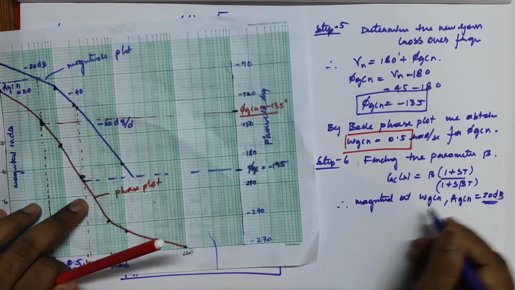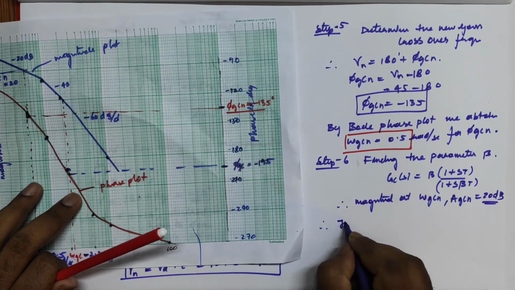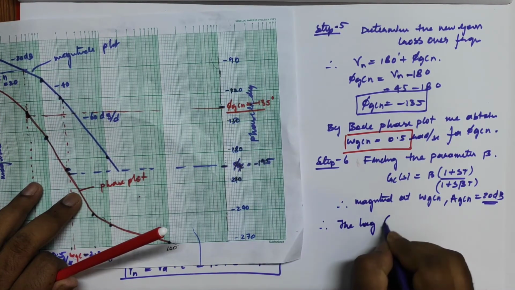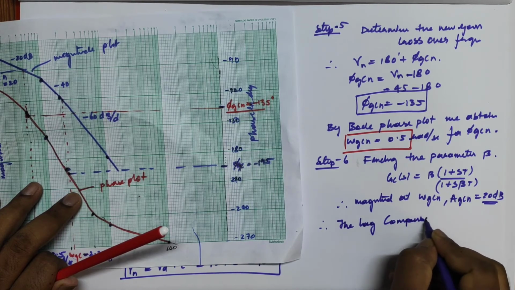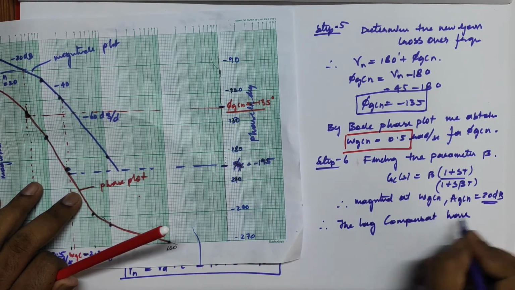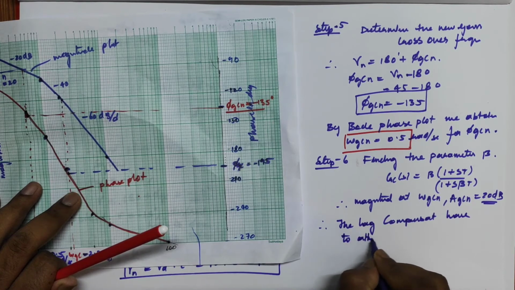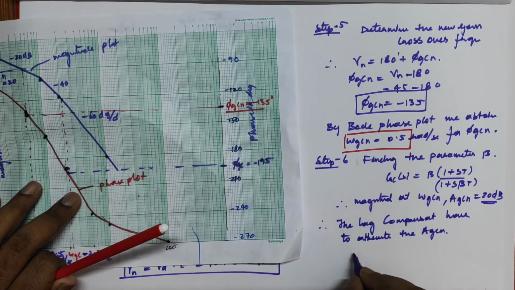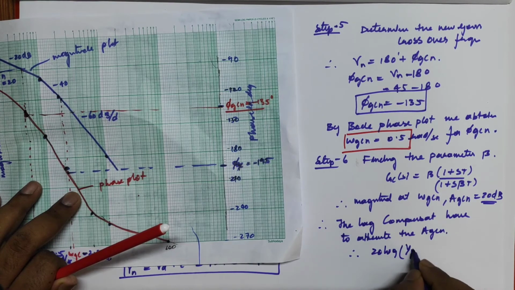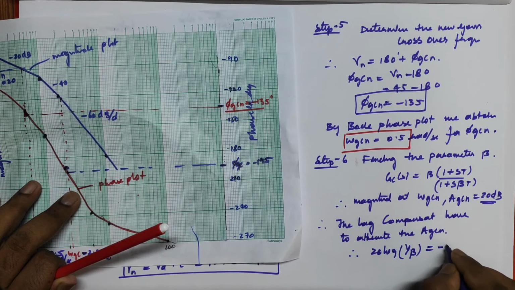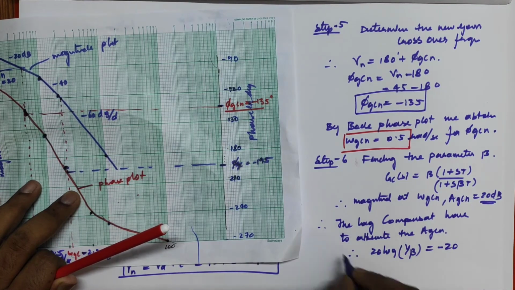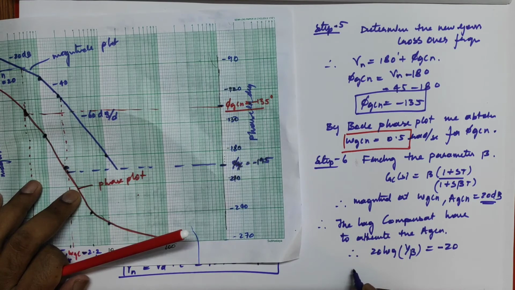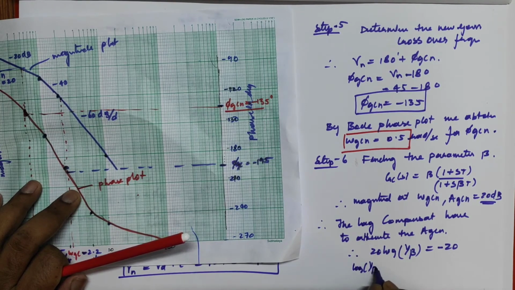Now the lag compensator has to attenuate the AGCN. So the lag compensator's total attenuation value we have to equate to minus 20. So from this equation, if you substitute further, I get 20 log of 1 by beta equal to minus 20, so log of 1 by beta equal to minus 1.